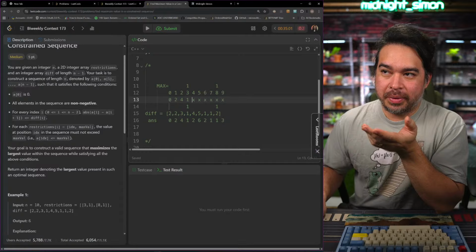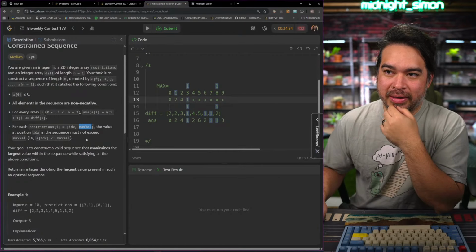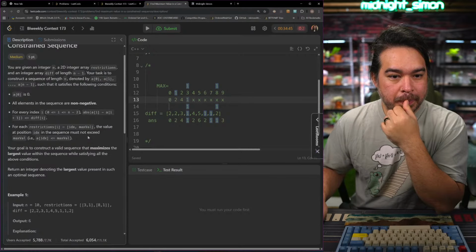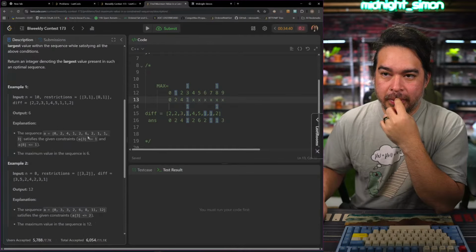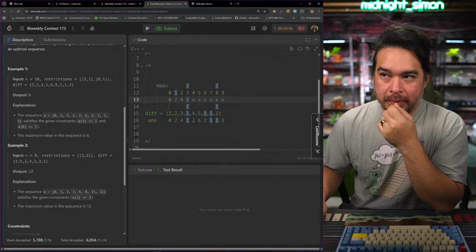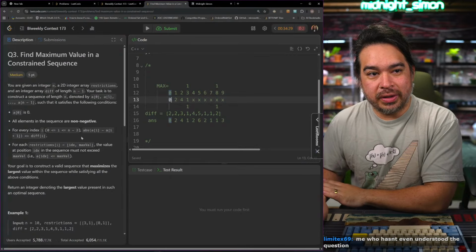But alright, the value at the restriction index isn't necessarily always going to be max value. So, stuck.